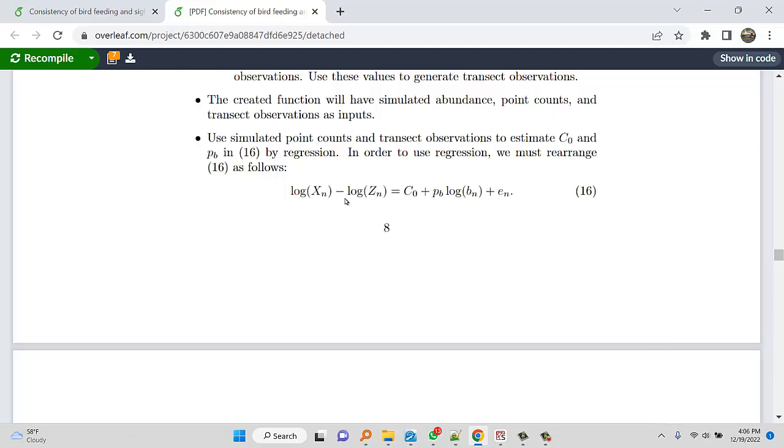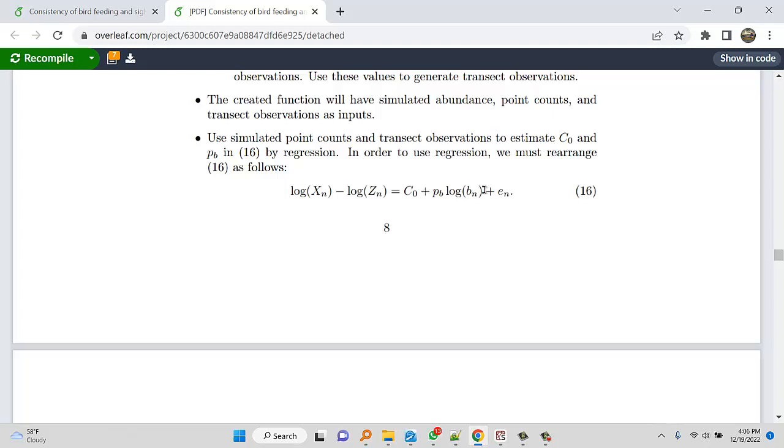I bring the Zn over here. So this log xn minus log Zn is treated as my dependent variable. And this dependent variable depends on C0, which will be my intercept, plus PB, which is the coefficient I want to estimate, times log of Bn.